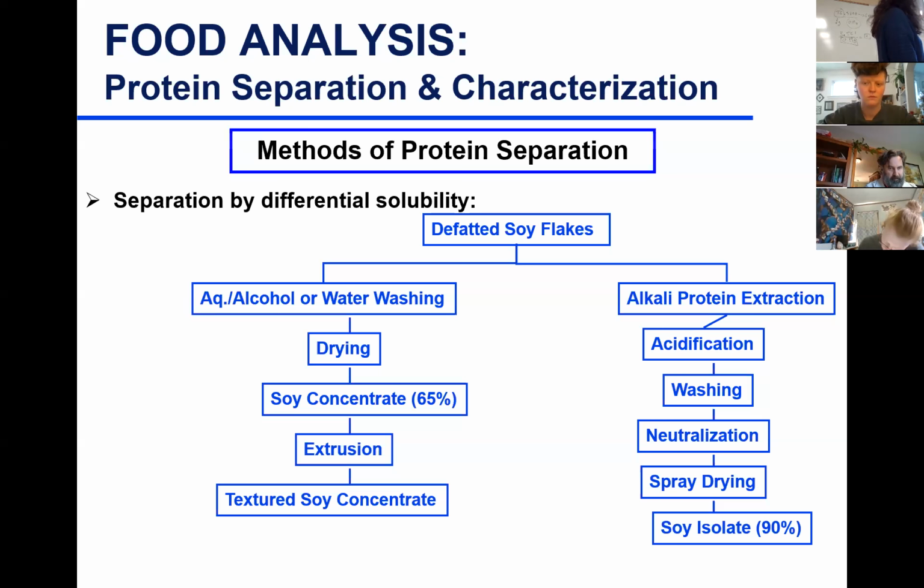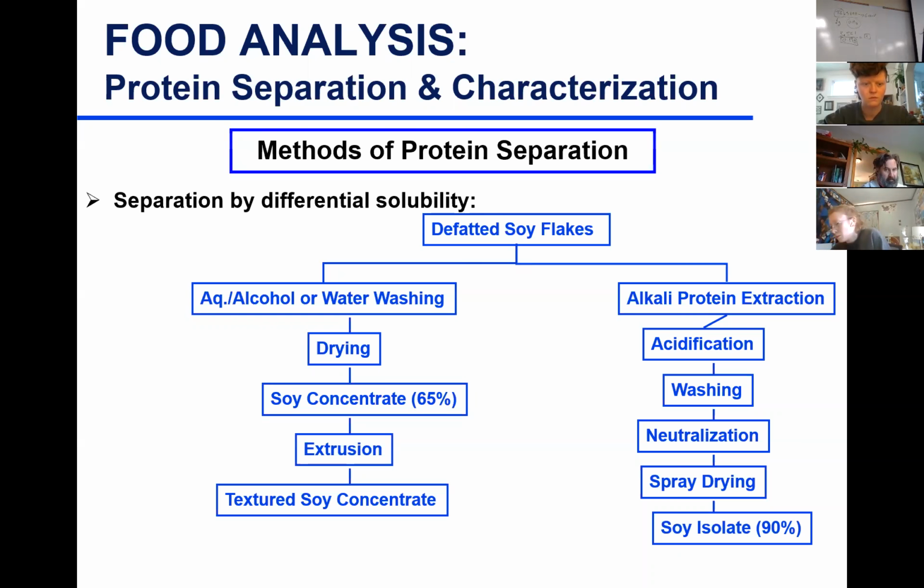You can do this with alcohol or water wash, and you acidify the water to help protein precipitate and separate it from the soluble. You still get protein and insoluble fiber, and that's why you have 65% protein. This product is good for extrusion to produce texturized protein product.